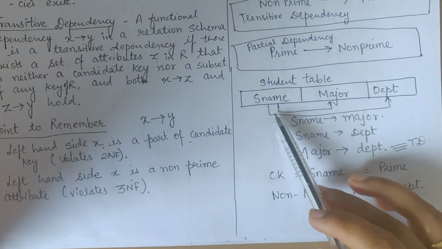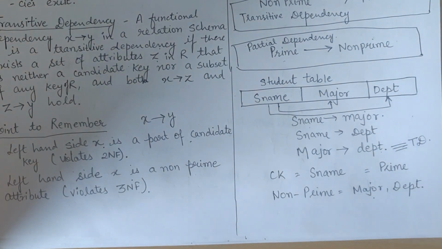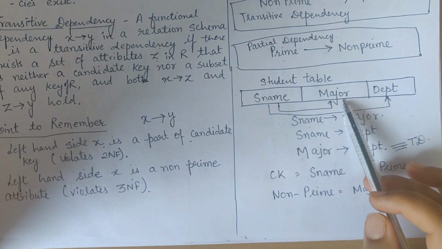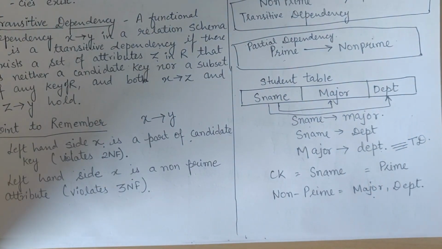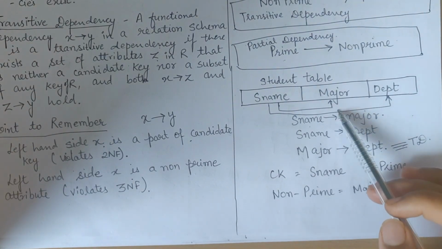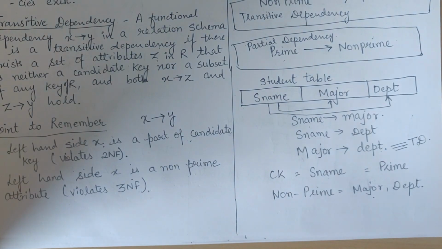Now, if I delete that student, my major is going, that's okay, but my department details are also going because there is a non-prime to non-prime dependency, which is major determining department, and only one student from the EC department was studying that major. That means I lost the complete details of the EC department, right?